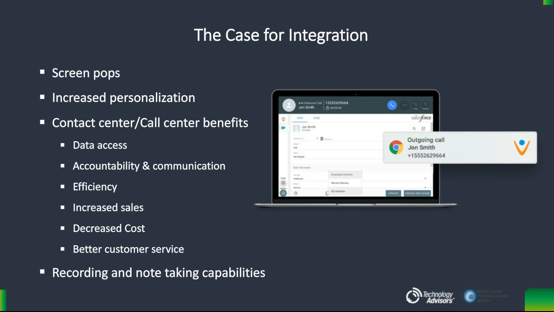Greater communication and accountability. CRM enables employees across departments to share accurate information about customers through their updates. CRM and telephony benefits, therefore, include greater accountability so that every employee has a clear understanding of their personal responsibilities in customer service or sales, and they're held accountable for both the successes and the weak points in the customer life cycle.